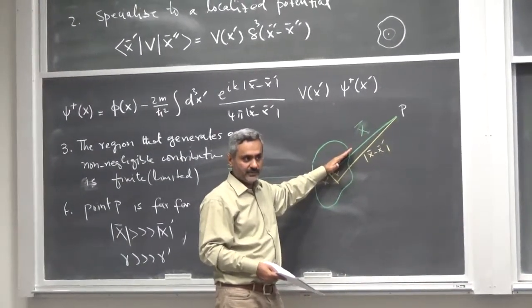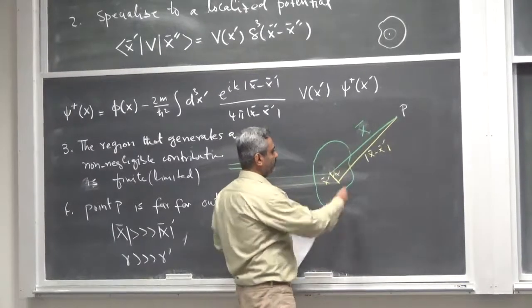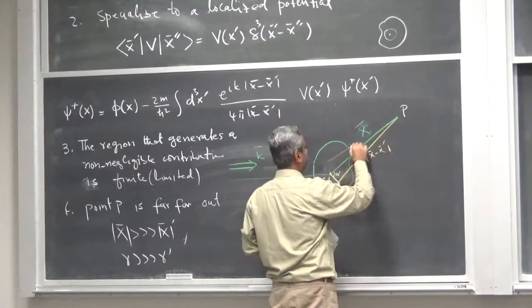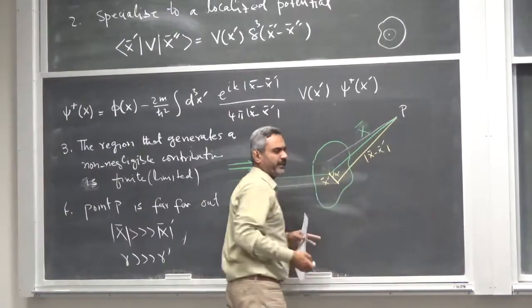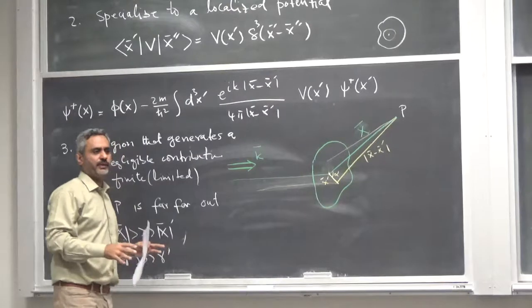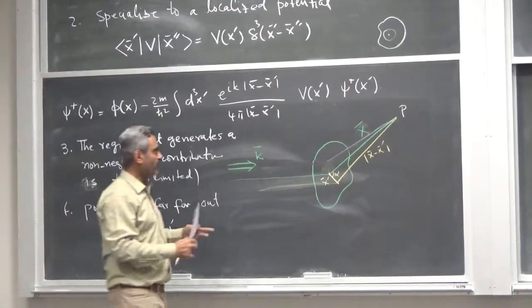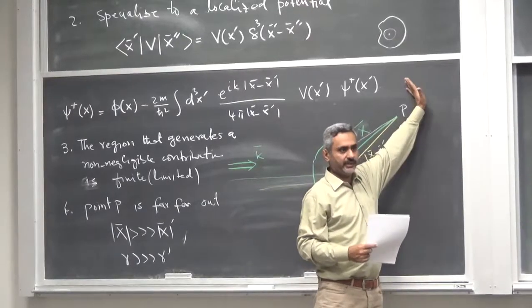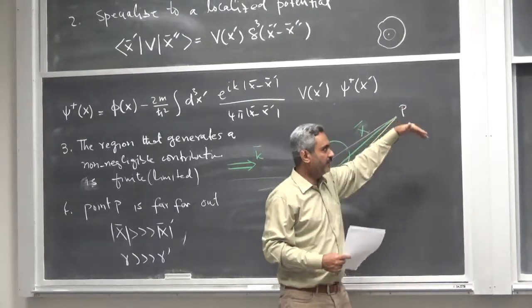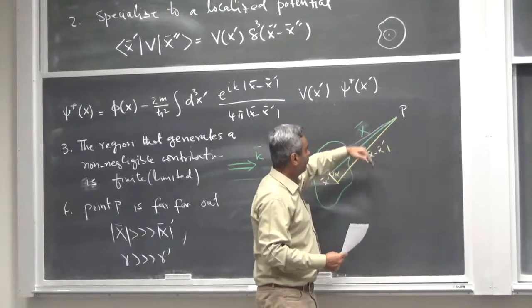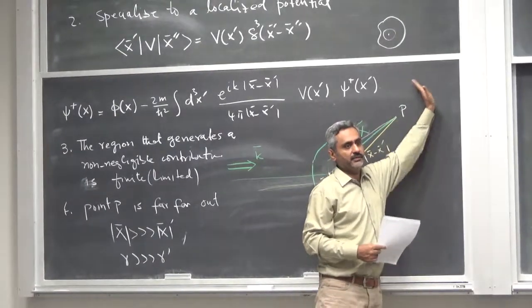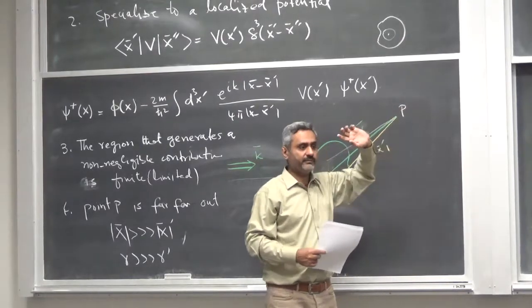Since we have enlarged it, you can see that this vector and this vector are not parallel, but in practice they're almost parallel. So you have something coming like this and something going like that. In other words, the spherical wave that you're measuring at a great distance can just be seen as a plane wave.